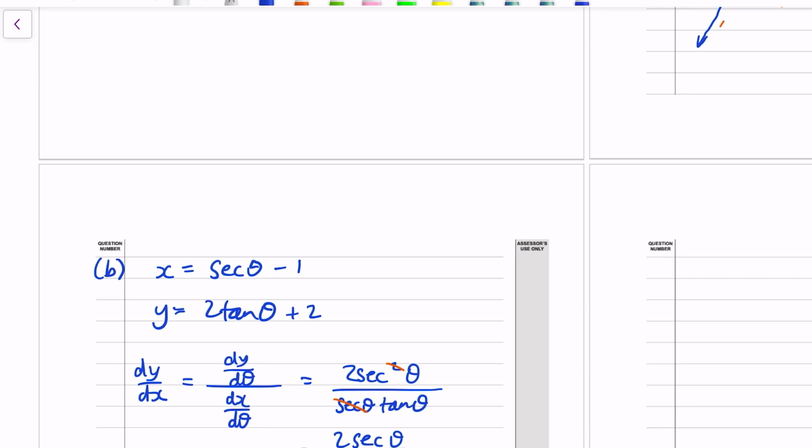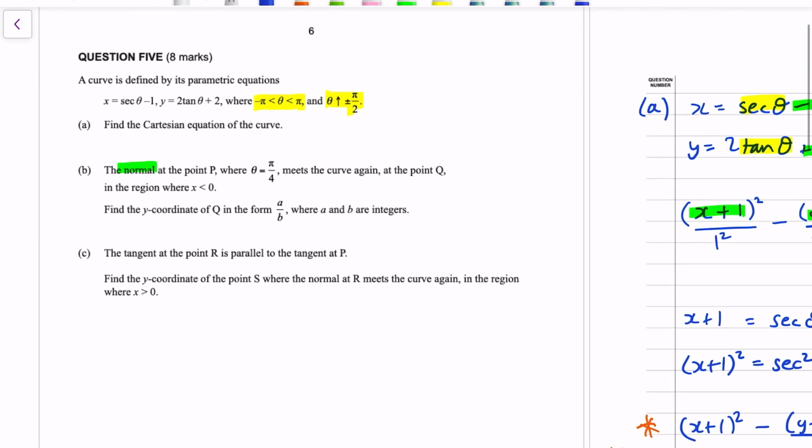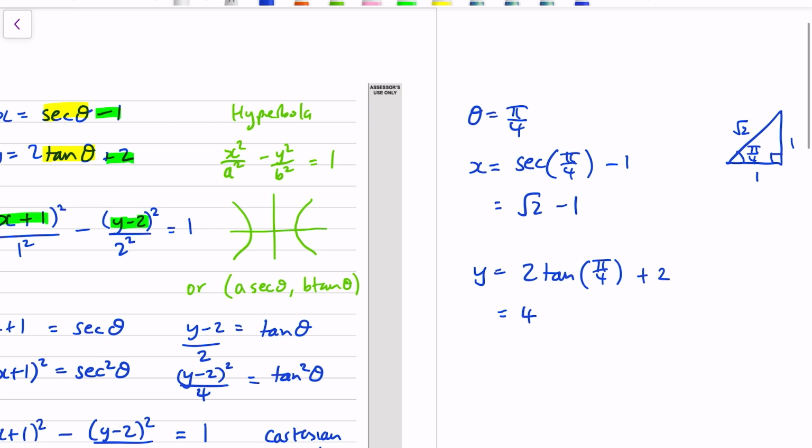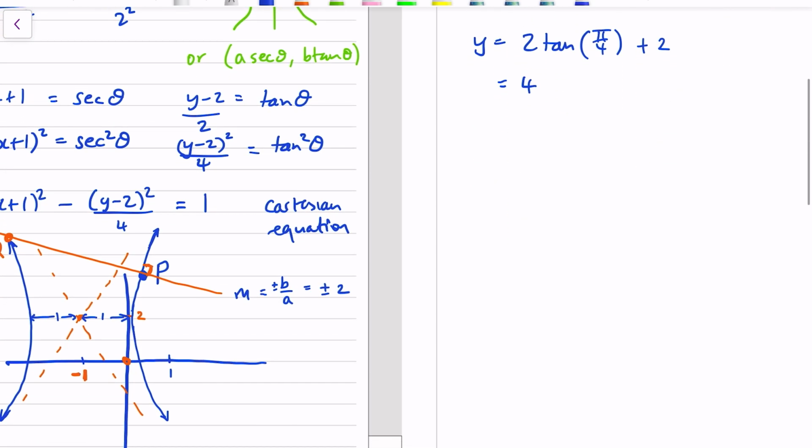And we want to substitute theta equals pi over 4 in for the specific gradient at P. At point P, theta equals pi over 4, dy dx is equal to 2 sec theta. Remember, I'd already found what sec theta was for that particular angle. It was root 2, and then I took away 1 from it, but sec theta is root 2, and tan theta was 1.